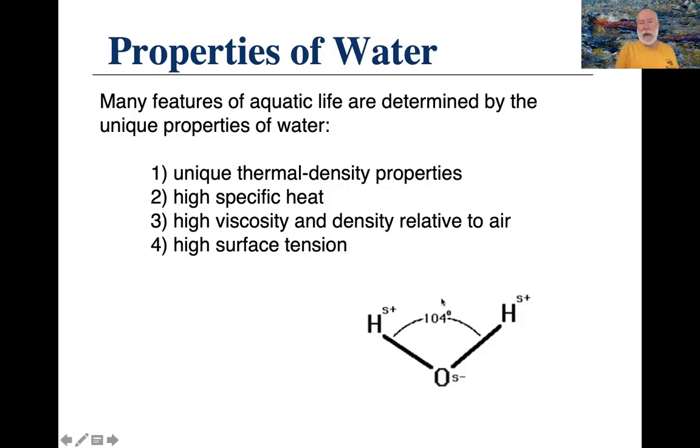As you'll see on this first slide, we simply have a representation of what water is. And as you will well know, water consists of 2 hydrogen atoms together with an oxygen. The 2 hydrogens, their bonds are separated by an angle of 104 degrees, and there is a slight positive charge associated with the hydrogens and a slight negative charge associated with the oxygen.